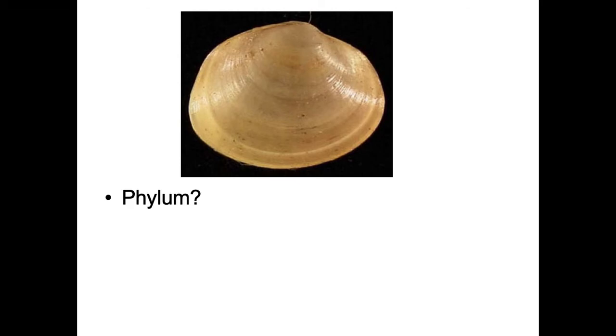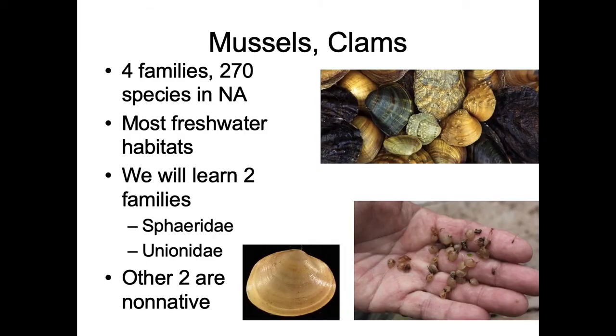Okay, what phylum is this? Hopefully you said mollusk again. And what class? Bivalvia, or bivalves. So these are mussels and clams. There are 4 families, 270 species in North America, and they're found in most freshwater habitats.